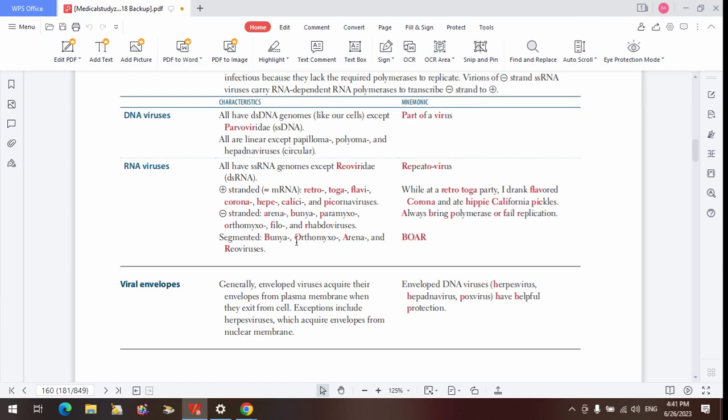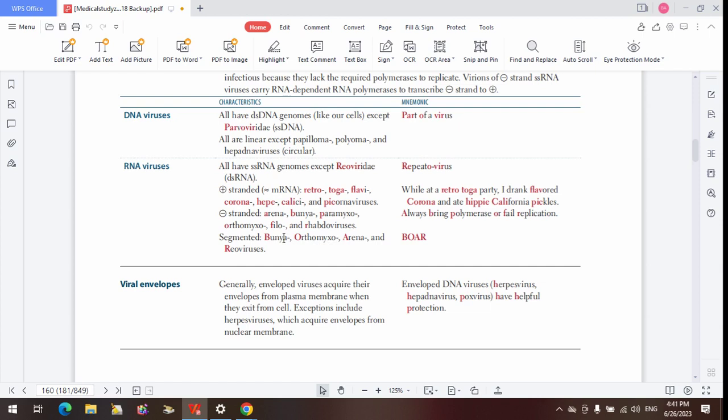So Arena will follow the B. Arena, Bunya. Then I know that Ortho is negative strand too, so Ortho will follow Para because they sound alike. Paramyxo, Orthomyxo. So they are together. So I remember my Arena, my Bunya, my Paramyxo, my Orthomyxo. Then the Filo and the Rhabdo.